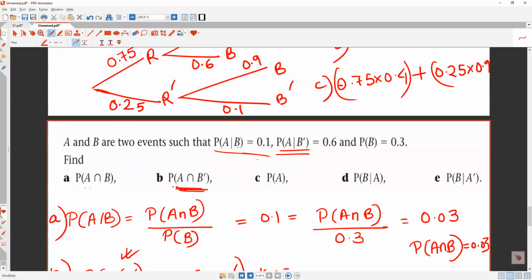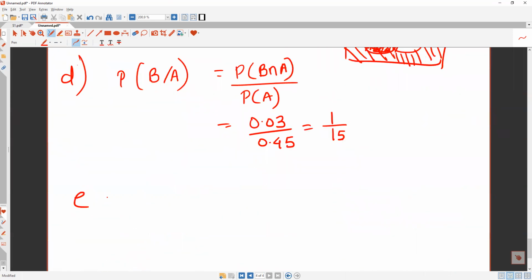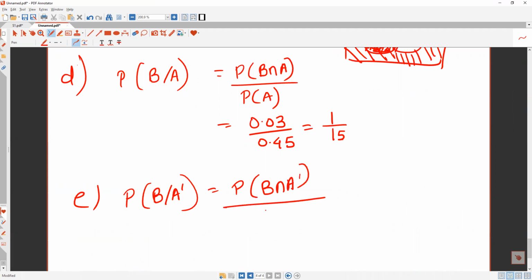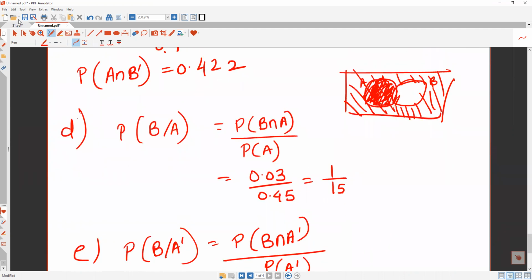E part এ বলছে B/A complement. Okay, probability of B/A complement হবে probability of B intersection A complement divided by probability of A complement. Now, what is B intersection A complement? Let me draw another shading.